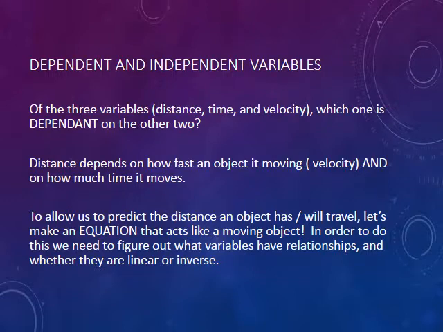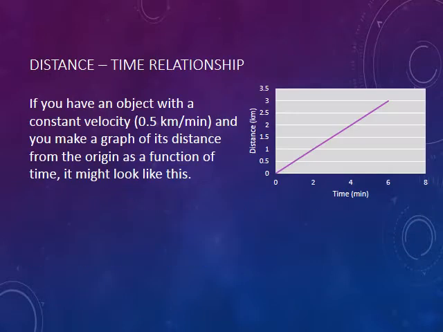In order to do this, we need to figure out what variables have relationships and whether they are linear or inverse. So let's look at those variables. The first set of variables that we're going to look at is distance and time as a relationship. So we're going to say that our velocity is a constant 1/2 kilometer per minute.